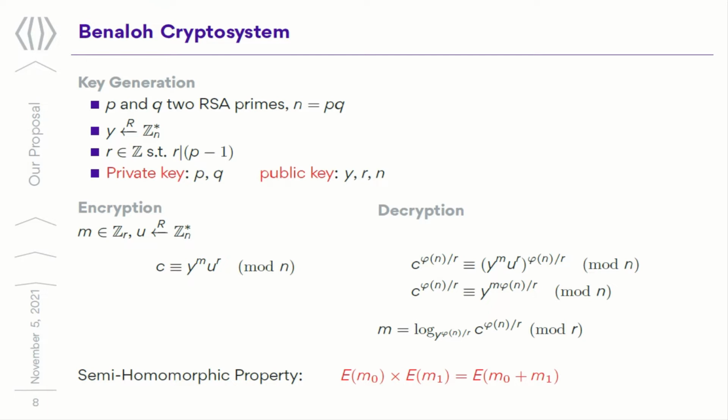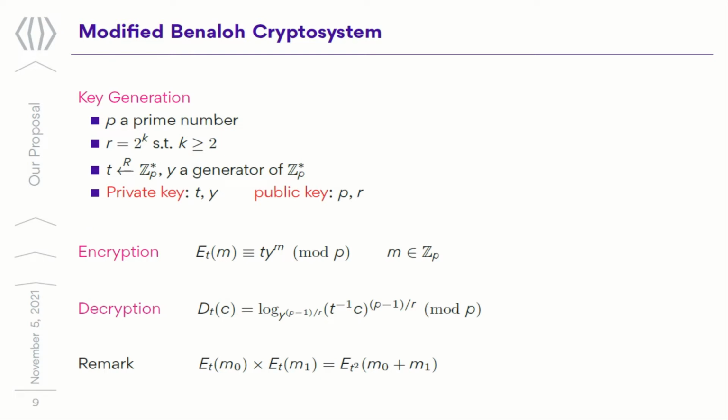We want to keep this property, but we have to modify this cryptosystem to fit in white box designs. And so now the private key is two random numbers, T and Y, and the public key is a prime number P and a quantity R. And so to encrypt the message M, we just compute T times Y to the M, modulo P. And for the decryption, we remove the quantity T and only keep the exponent of Y thanks to the logarithm.